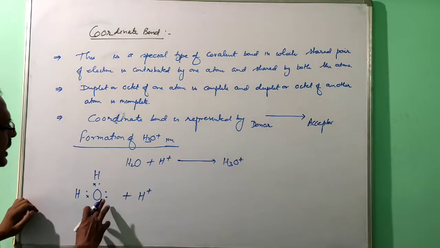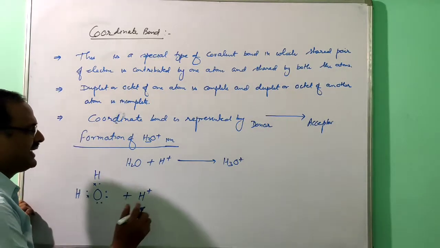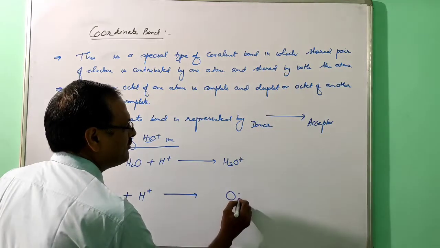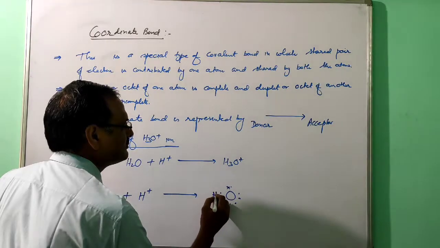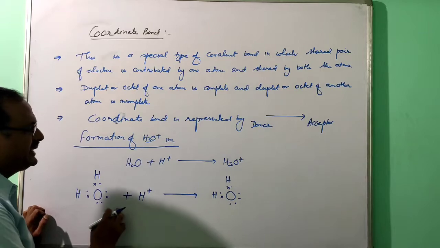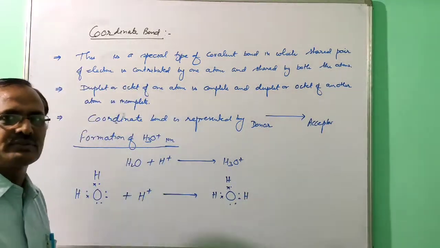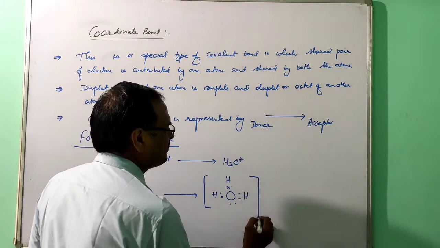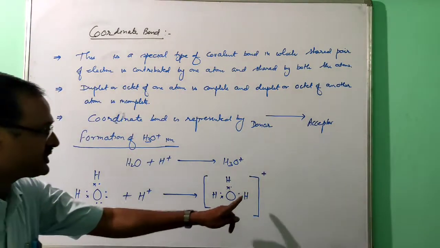So what will happen? This lone pair of electrons will come in common, meaning it will be shared. Just see the structure. This lone pair of electrons is shared with H plus. And this positive charge will move to the top. Don't write the positive charge here.